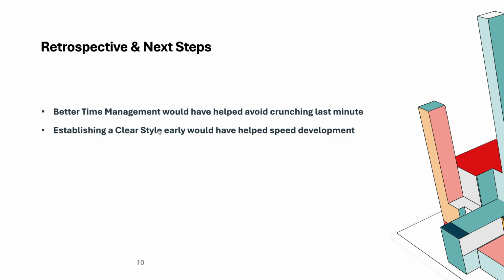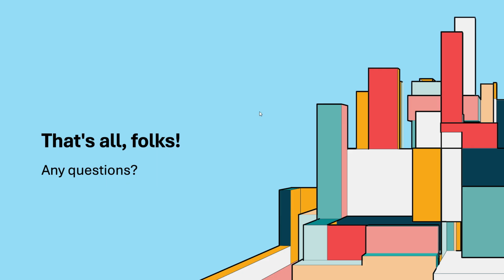And then also, establishing a pattern for what the pages are going to look like, because we did kind of lose some time when, changing things last minute, we were changing style and changing content, and that was wasting time. So one takeaway I had was if we had settled on some of those patterns earlier, and then the patterns won't change, it's just the content will change. That would have helped us a lot.